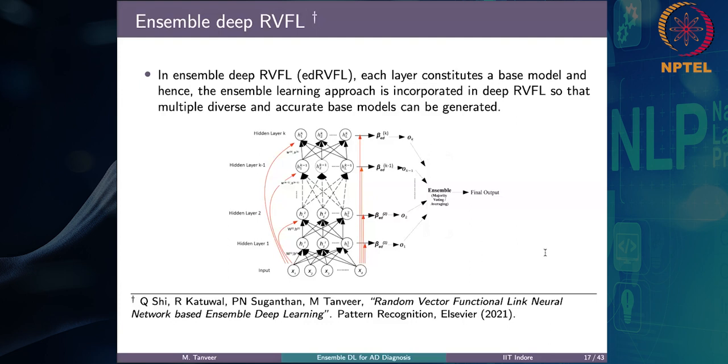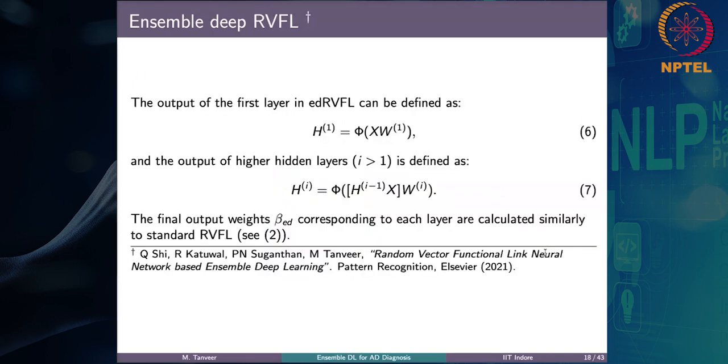So in the last 2 years, a lot of work has been done by researchers using these ensemble deep RVFL variants. The code is also publicly available on the GitHub repository, so one can see and use it directly.